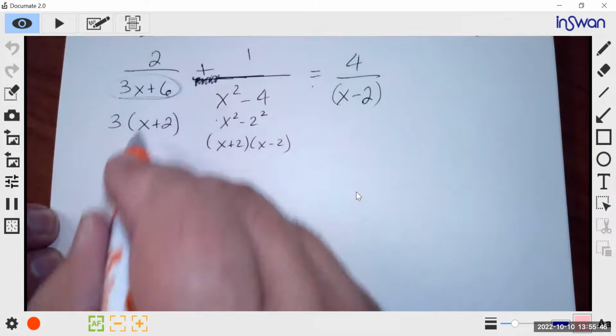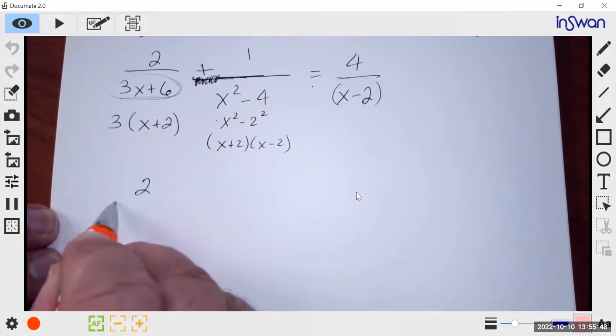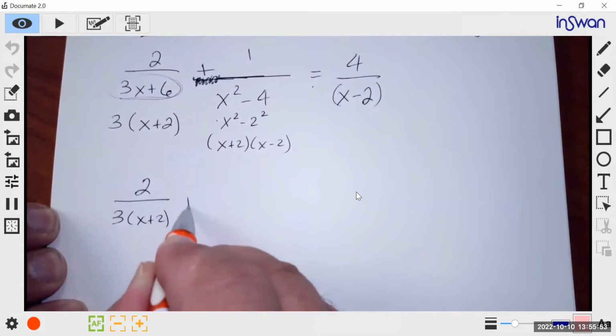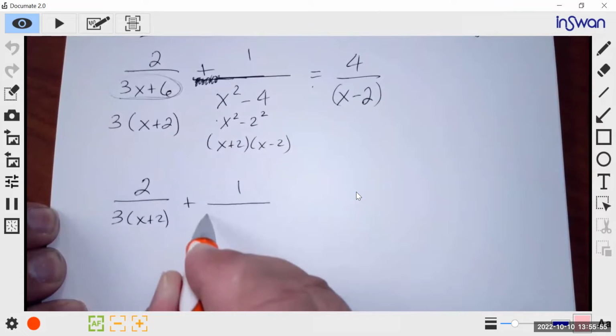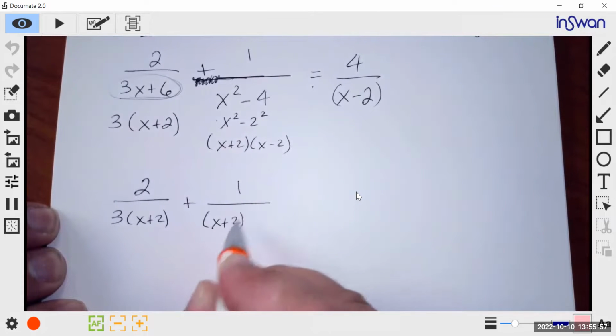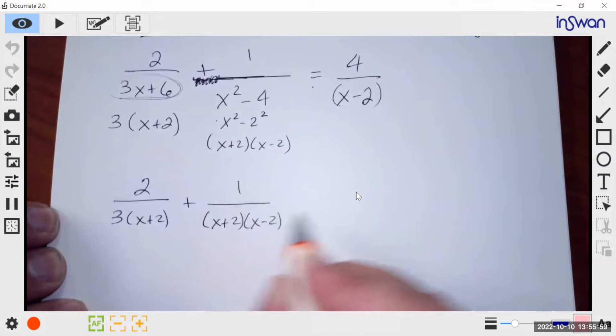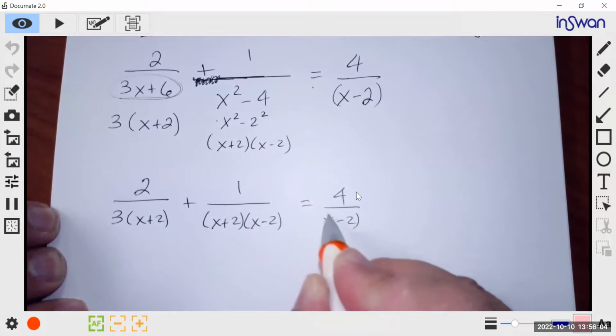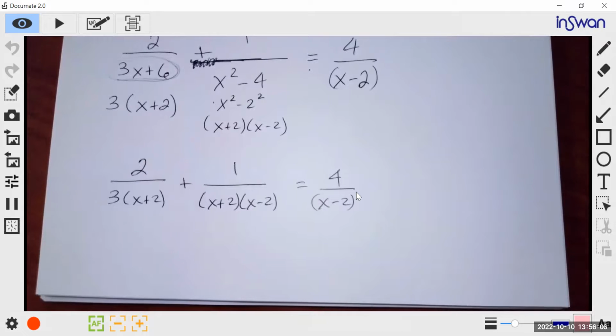So take your denominators and factor them. So this is what we have right now. It makes it easier.